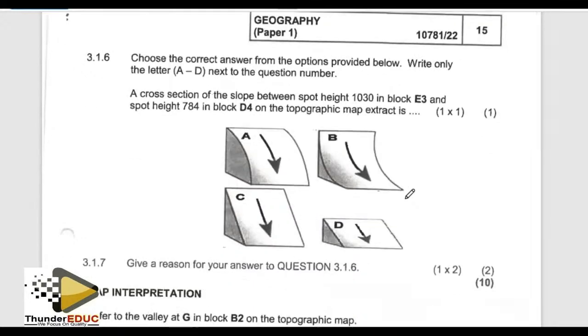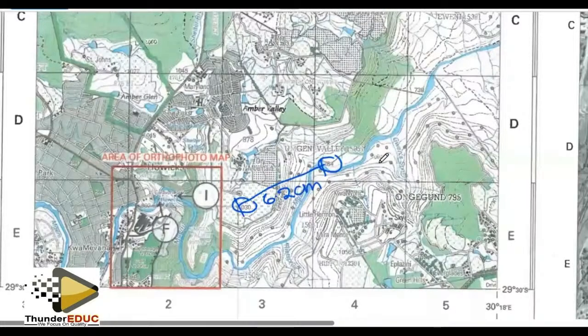So let's go again to those blocks. Spot height 1030 in E3 and D4. You can see that at E3, between the spot height, this area is gradual or gentle. That's why there's been farming.